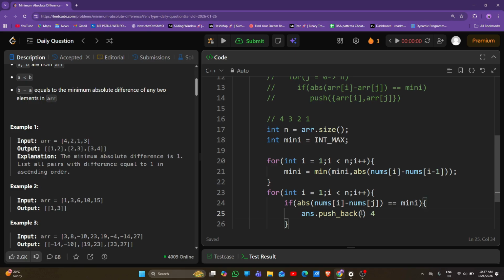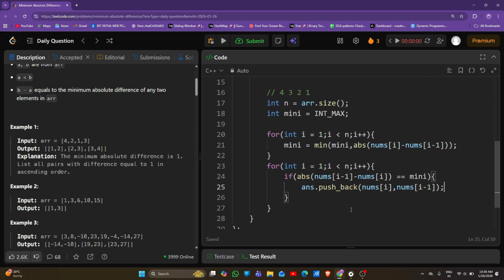Since we are traversing from nums of i, not nums of i minus 1, we have to push nums of i minus 1 first.